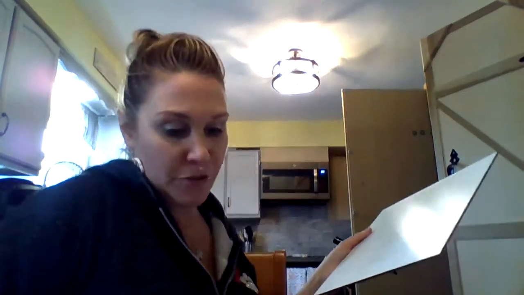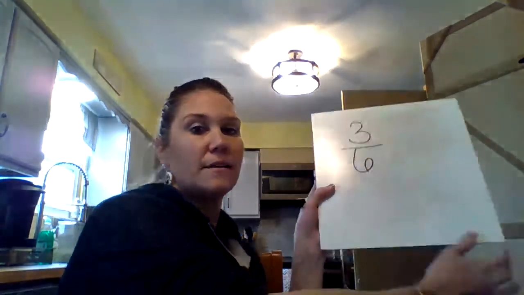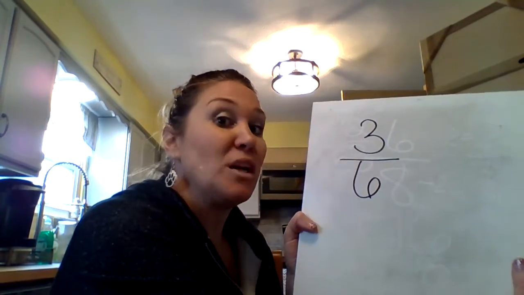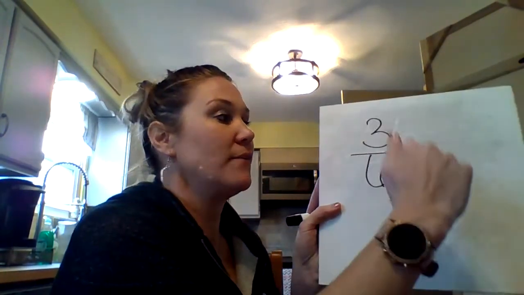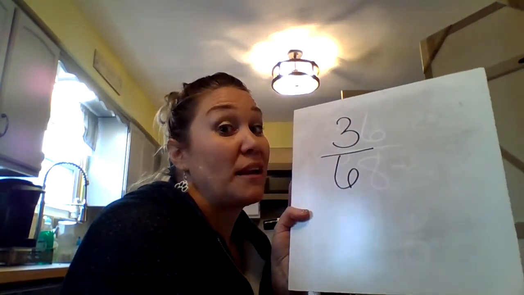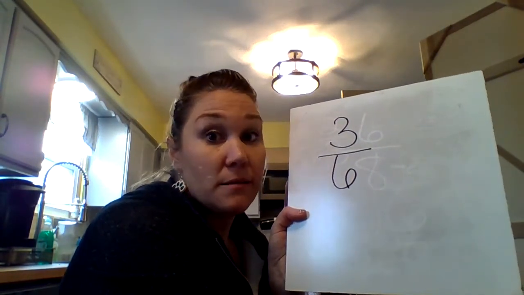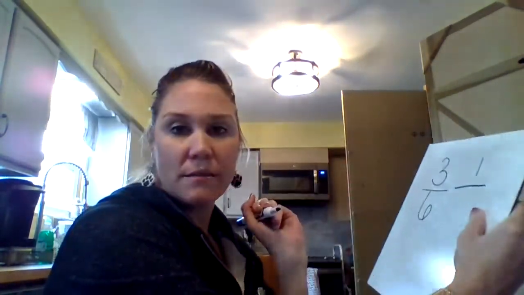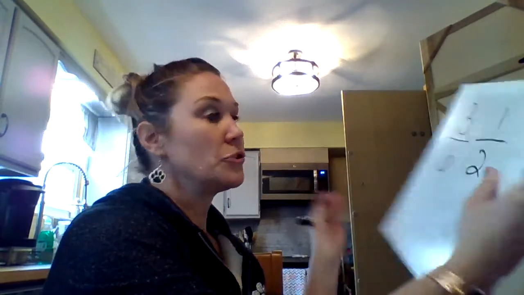2/6 plus 1/6. 2 plus 1 is 3. Denominator stays the same, so you have 3/6. This is not in simplest form. Why? What number can be divided into 3 and divided into 6? 3. 3 divided by 3 is 1. 6 divided by 3 is 2.